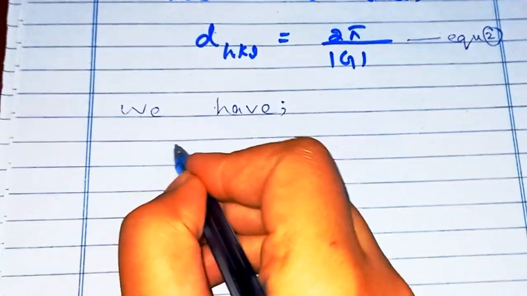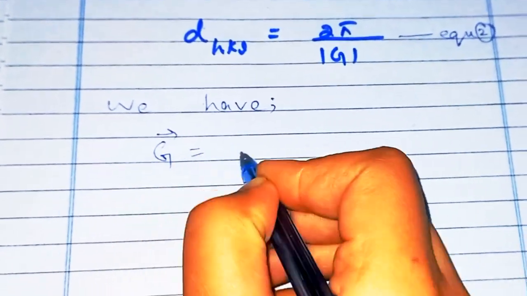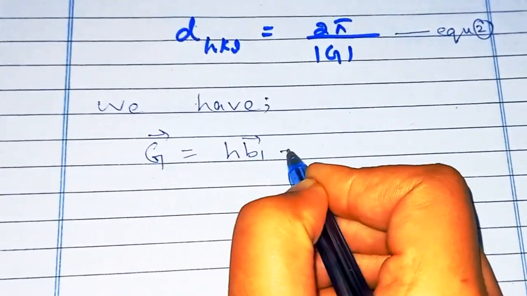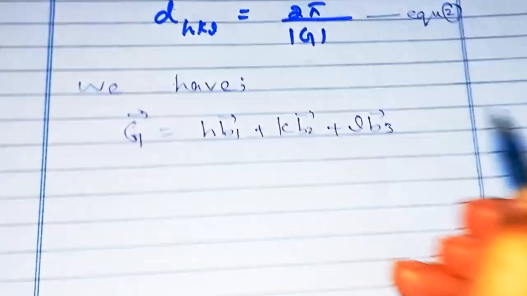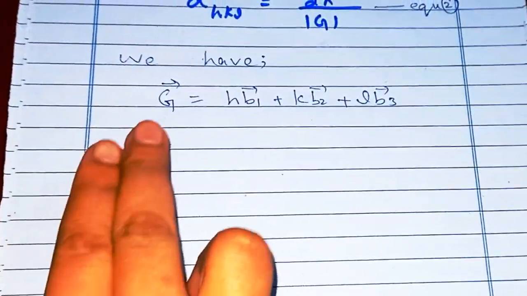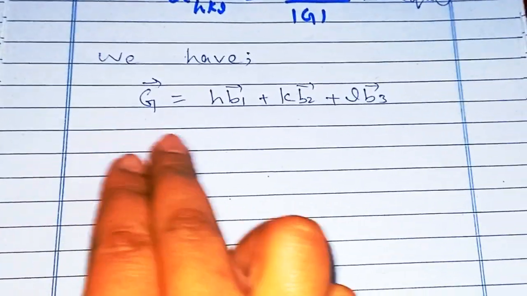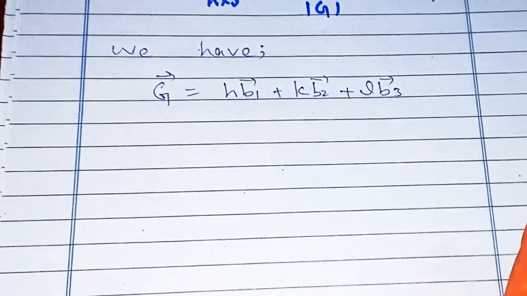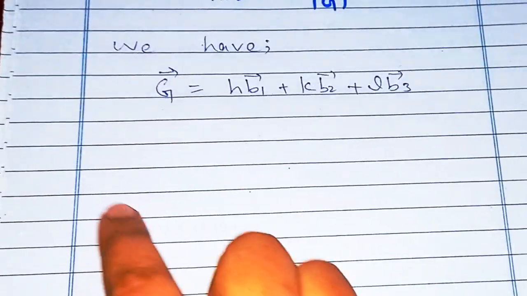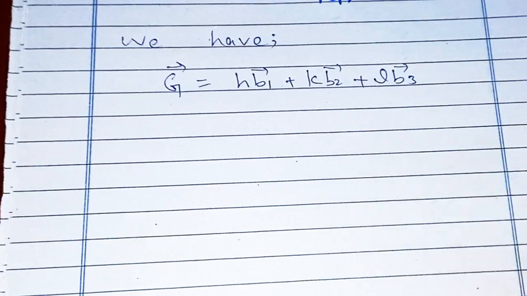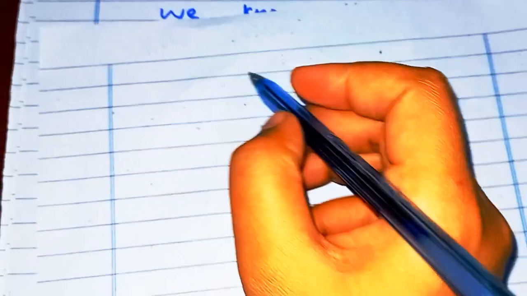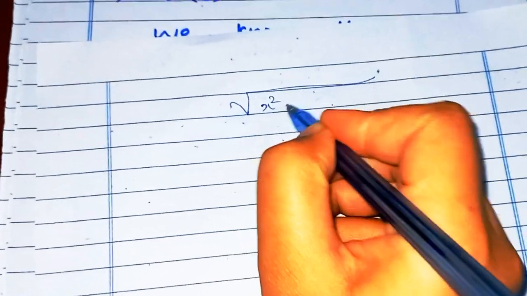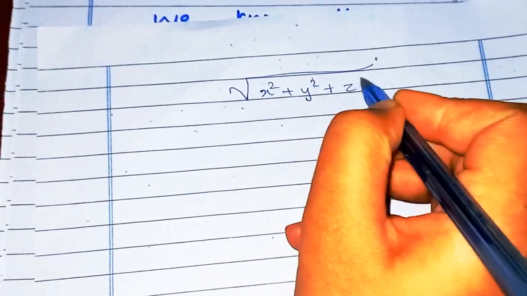We have the reciprocal lattice vector G equals h b1 vector plus k b2 vector plus l b3 vector. You must know the formula to find the magnitude of a vector when its vector form is given: the square root of the sum of the squares of its x component, y component, and z component.